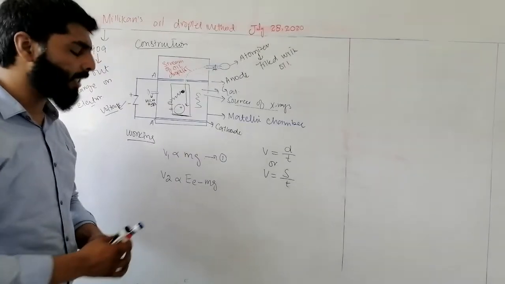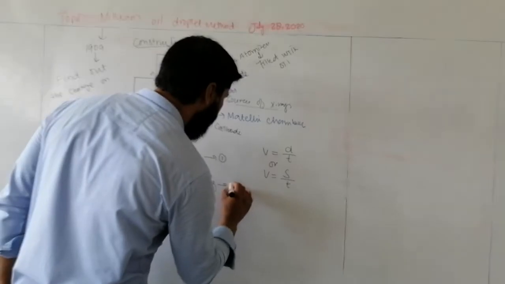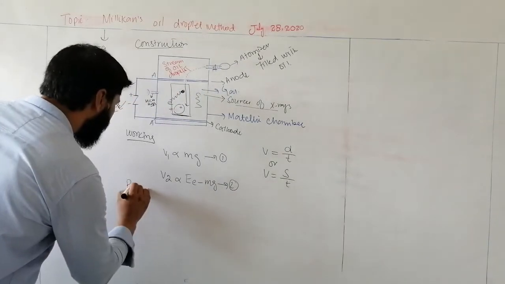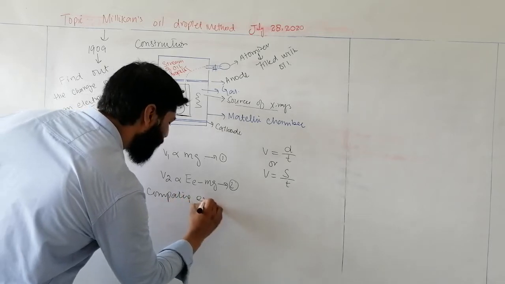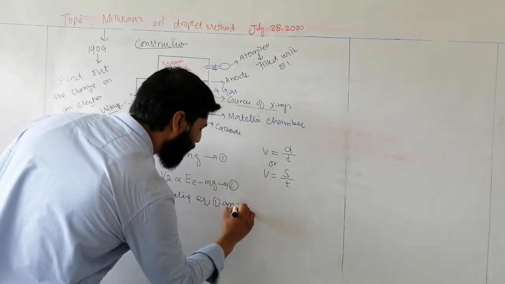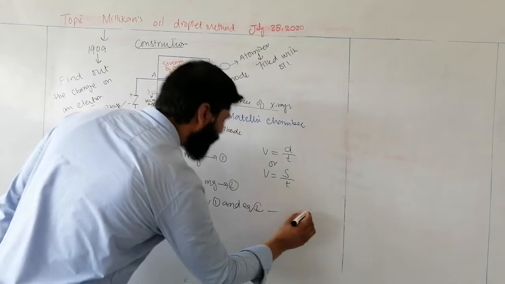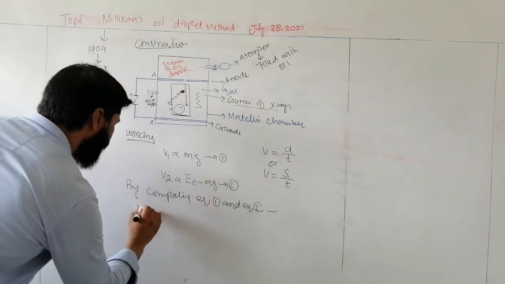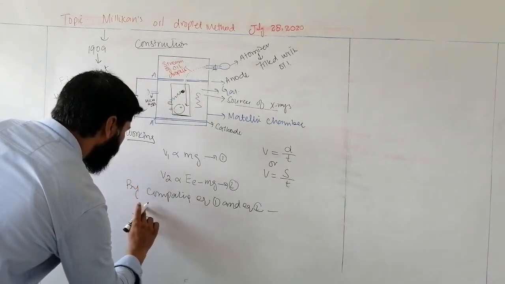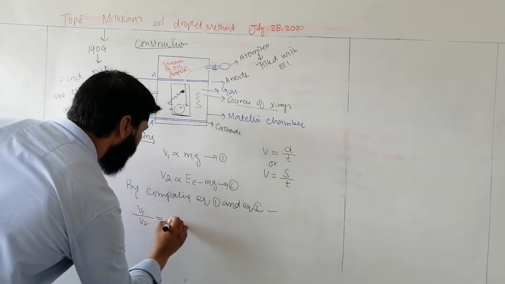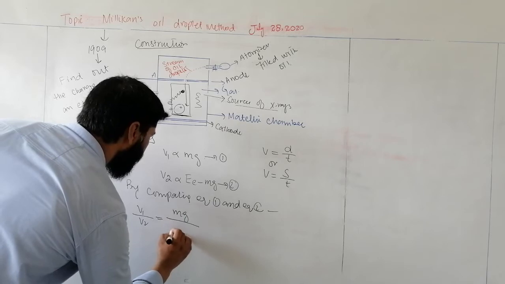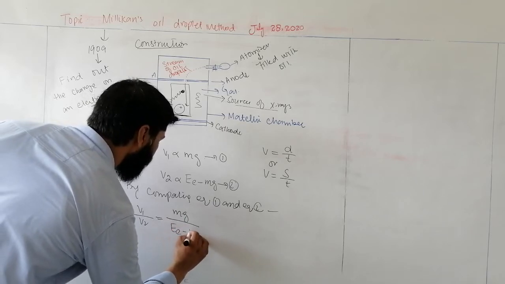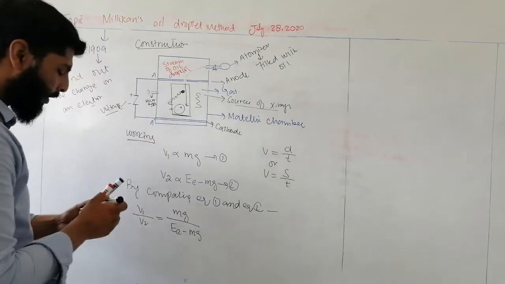Now students, by comparing equation number 1 and equation number 2, we will get v1 upon v2 is equal to mg divided by capital E e minus mg.